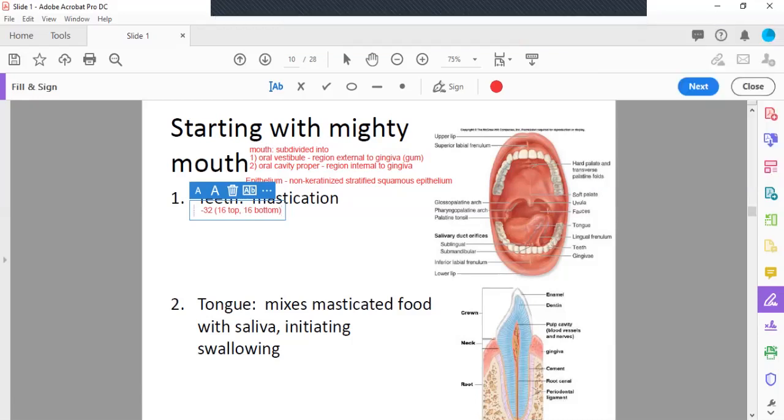So let's continue with the teeth. There are 32 teeth, and the way we divide them begins with the incisors. I will show you the incisors. I will put them as incisor 1, 2, 3, four. So the first four that you see right here are the incisors.